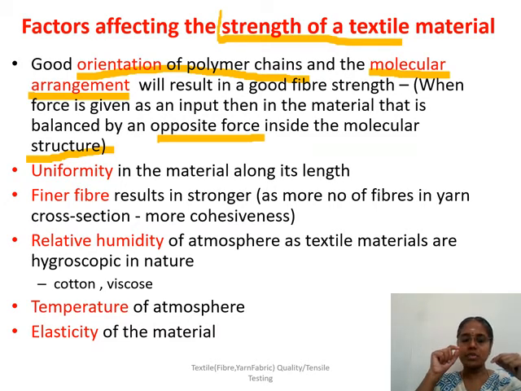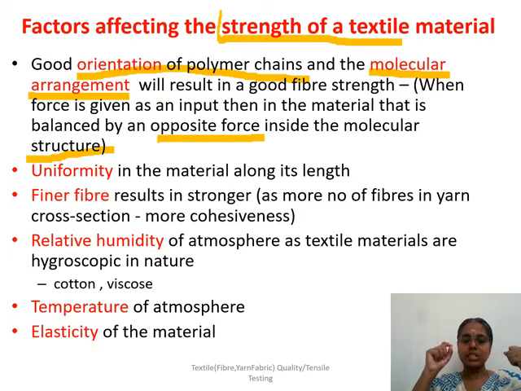Whereas viscose fiber, when the moisture is absorbed, the strength decreases. So according to the type of material and its moisture absorption, the strength values are different. The moisture is absorbed from the atmosphere, hence the relative humidity, or the amount of moisture present in the atmosphere, has an influence on the strength of the textile material.